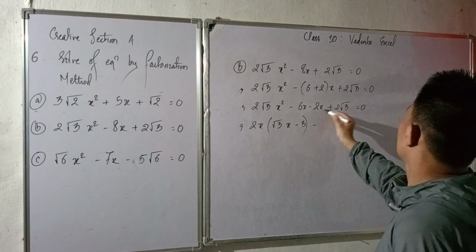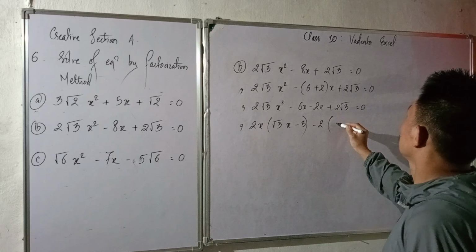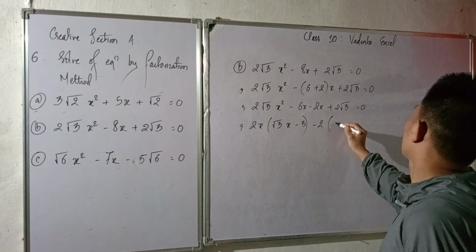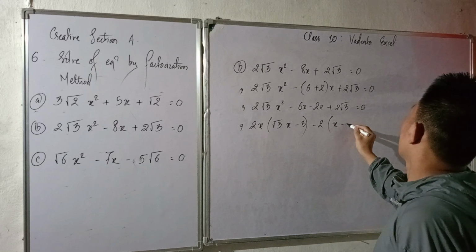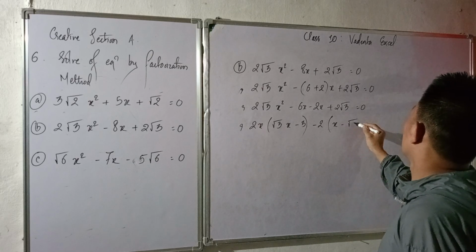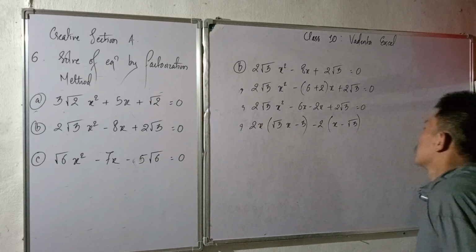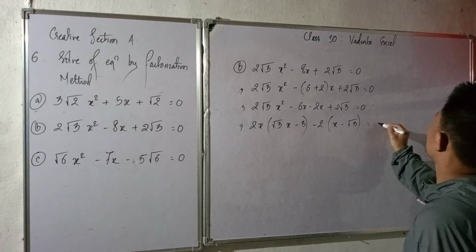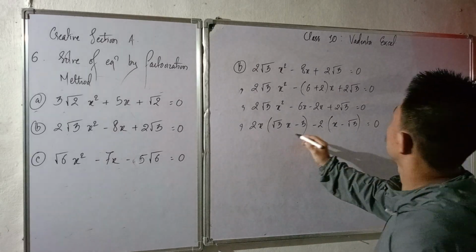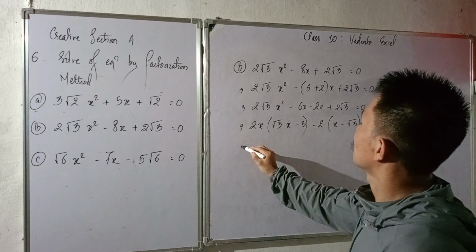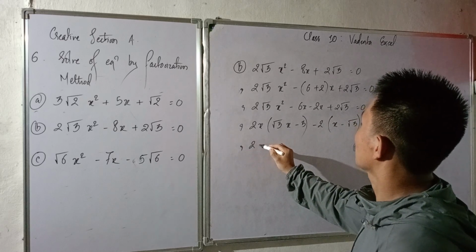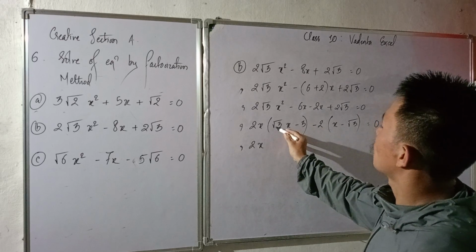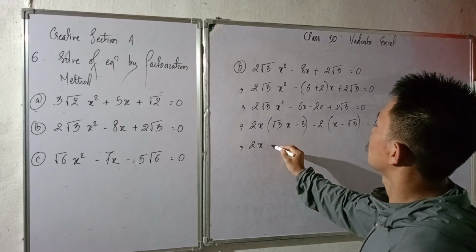Now here you will get minus 2 common, and this becomes x minus root 3. So x minus root 3 equals 0. From root 3 and 3, root 3 will be common here.